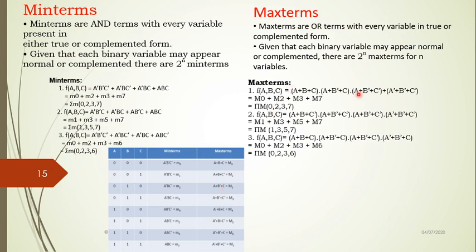Then the complement of these values we have to look for in the truth table. That is 0, 1, 1. So 0, 1, 1 is nothing but the third max term. Similarly, if I go for the last term, it will be the seventh max term. So in brackets, it is represented as 0, 2, 3, 7.